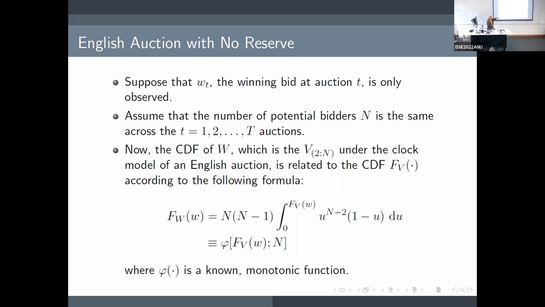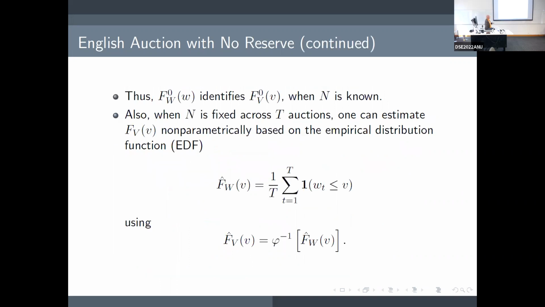And there's a known function of B given N that you can then invert to get an estimate of V from an estimate of F_W. So that's not hard. You build this jump function, this EDF, and then you just invert it. So that's fine when there's no reserve price.